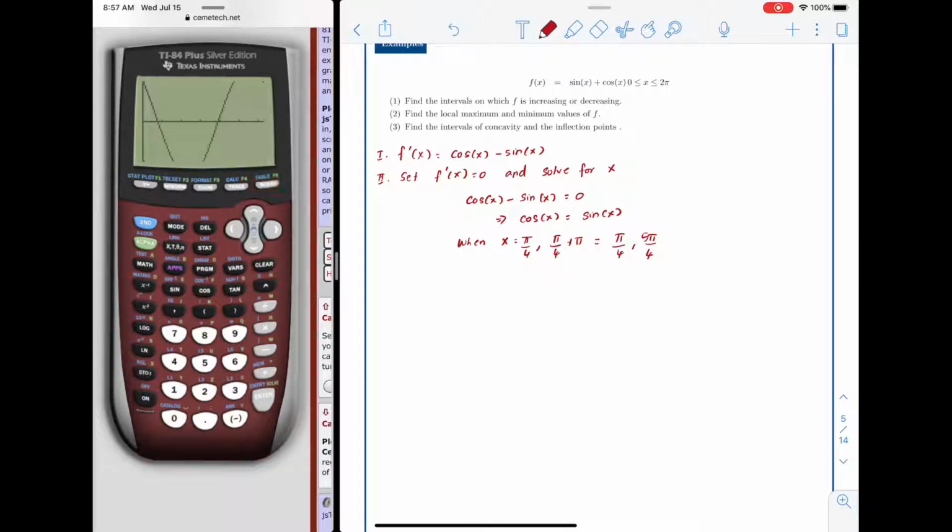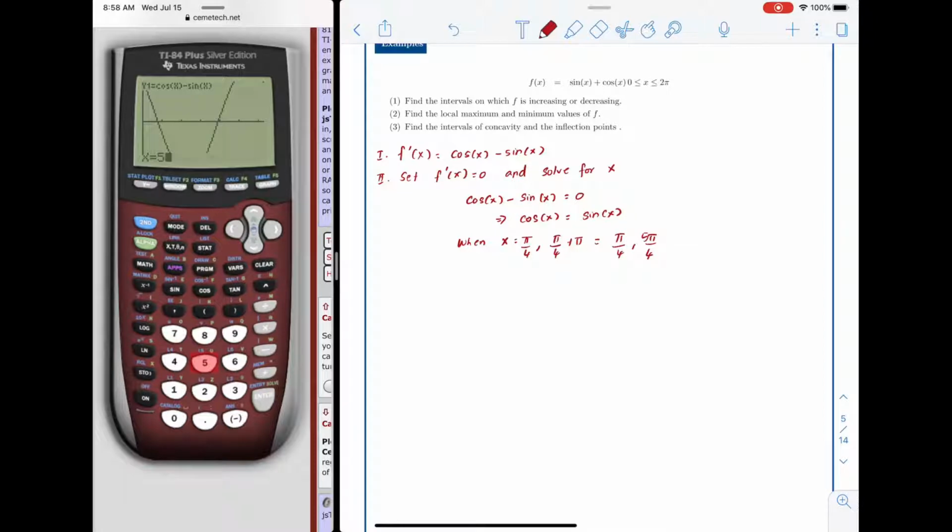And we can graph it again, find the next 0, and we get 3.9269.